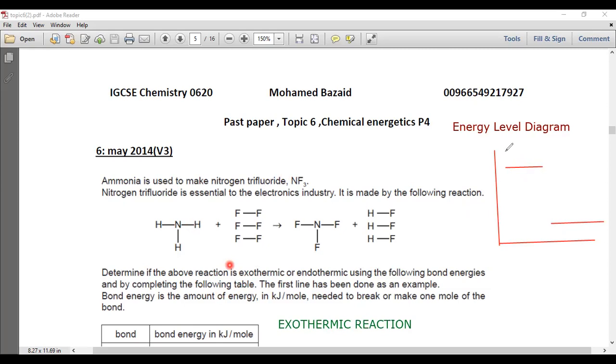So I write it here, N triple bond H, and here H, and here H. Plus what?